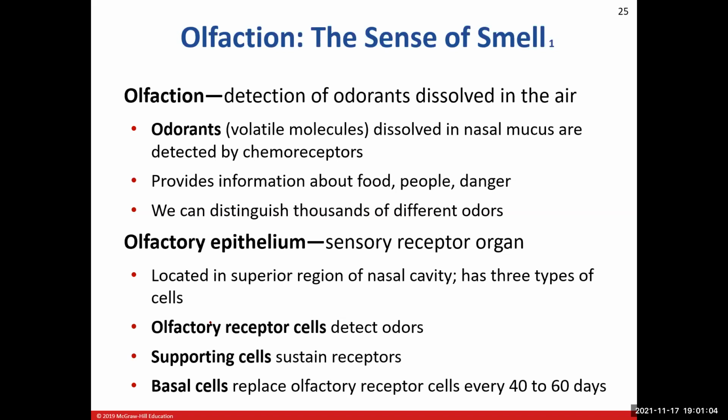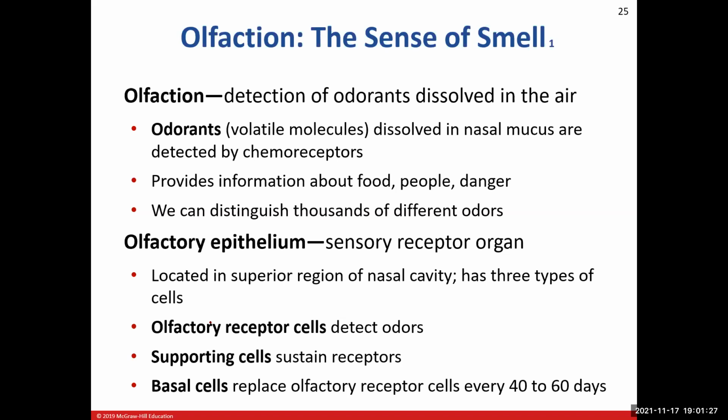Basically, the textbook definition is detection of odorants dissolved in air. So what that statement is saying is you're smelling something out in the external environment. You have these molecules out there that you're going to breathe in, and you are going to be able to smell, or detect, whatever that odor is.